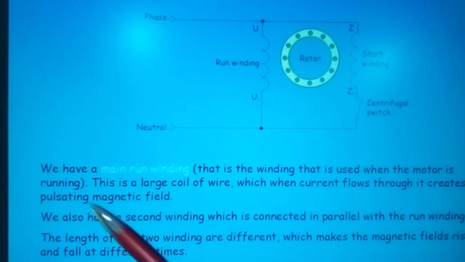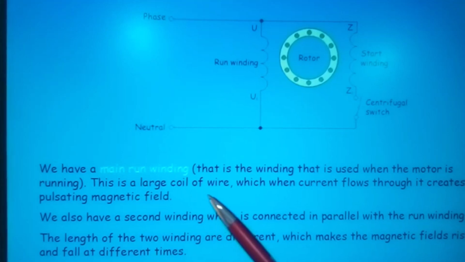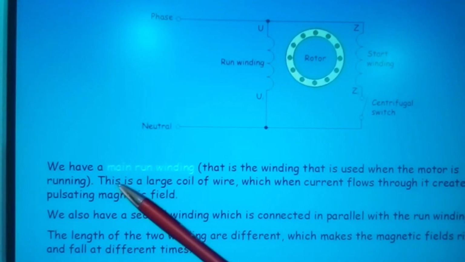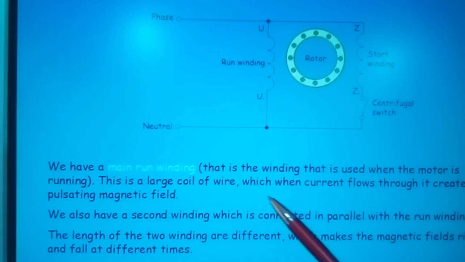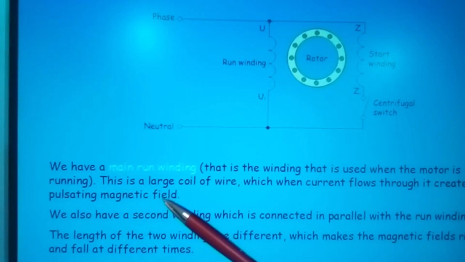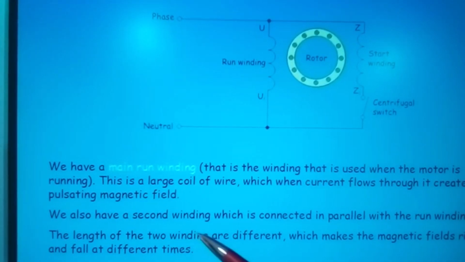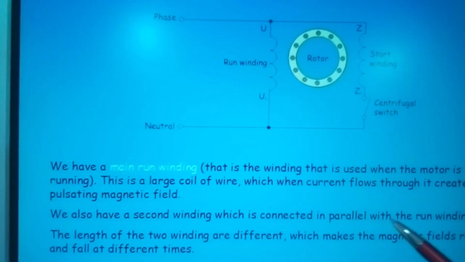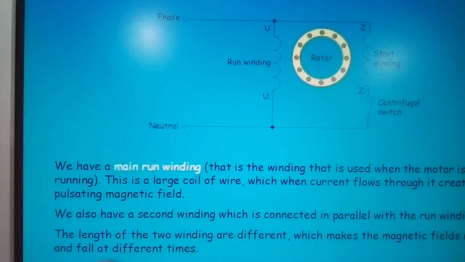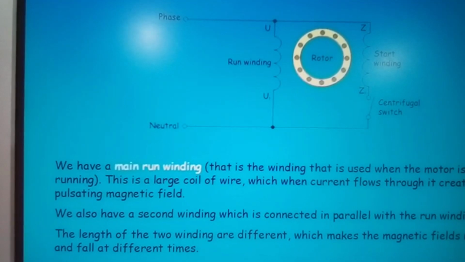Okay, we have a main run winding, that is the winding that is used when the motor is running. This is a large coil of wire which, when current flows through it, creates a pulsating magnetic field. We also have a second winding which is connected in parallel with the run winding. The length of the two windings are different, which makes the magnetic fields rise and fall at different times.